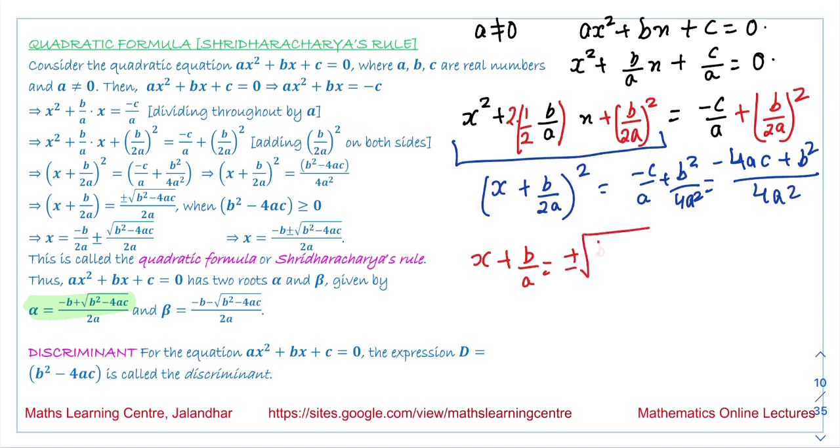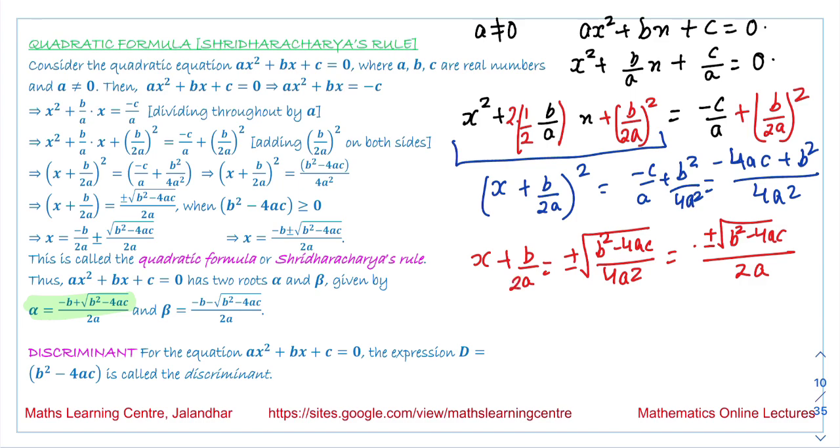So the value of x plus b by 2a is plus minus square root of (b square minus 4ac) by 4a square, and this is equal to plus minus square root of b square minus 4ac by 2a.